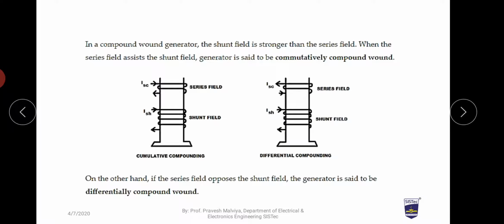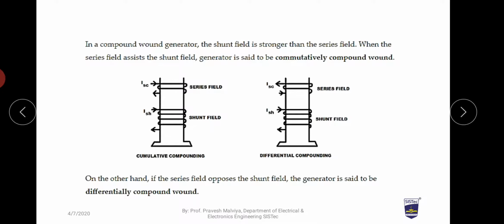Whatever may be the reason, in a compound wound generator, the shunt field is generally stronger than the series field. Why is it so? Because the shunt field has a large number of turns, while the series field has few turns of thick wire.